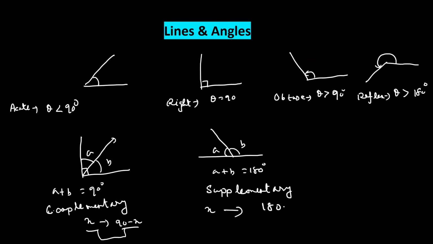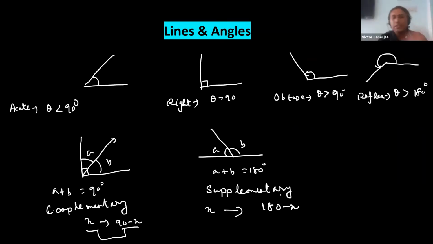You need to understand this because they will give you direct questions on this. So the basic things we have understood: sum of the angles is 90, so complementary; sum of the angles is 180, so supplementary.